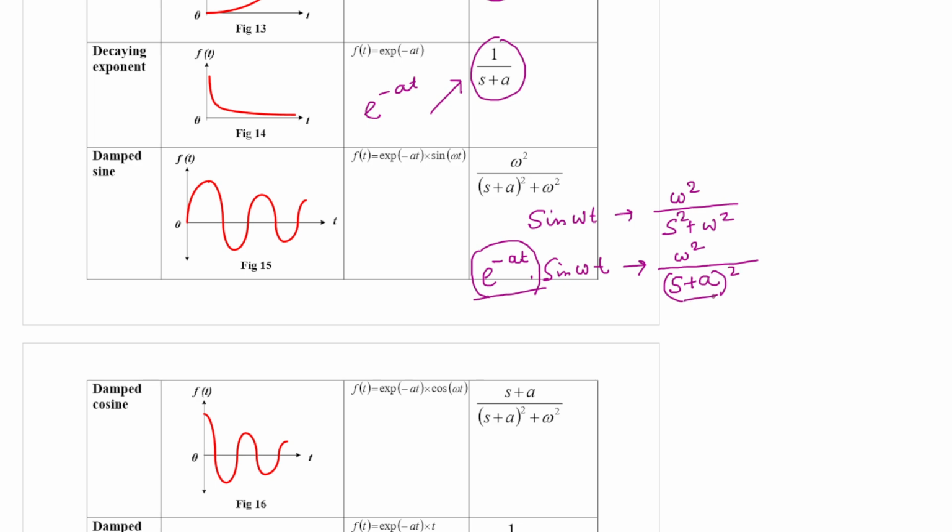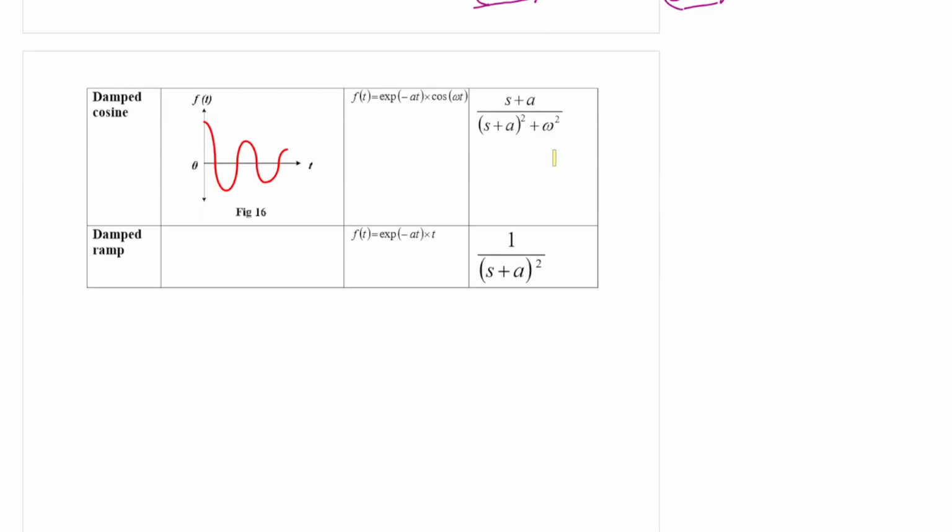So this is shifted by an amount a in the frequency domain. This is the Laplace transform of a damped sine wave. If it is contaminated with an exponent, it is called a damped sine wave.